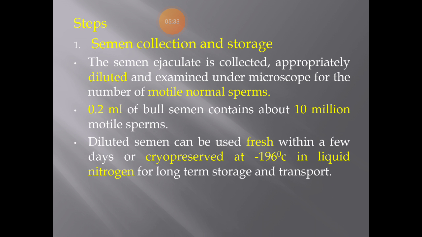And this diluted semen, you can use it as fresh within a few days if you are using it, or you can always subject it to cryopreservation. What is cryopreservation? Preservation of the sperms, embryos, anything at lower temperature around minus 196 degrees Celsius in liquid nitrogen for long-term storage and transport.